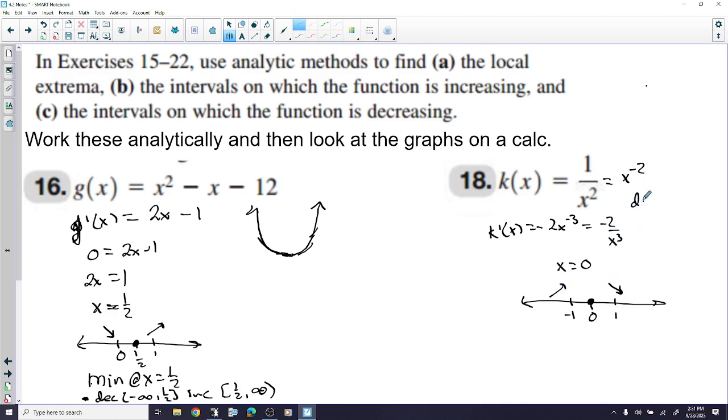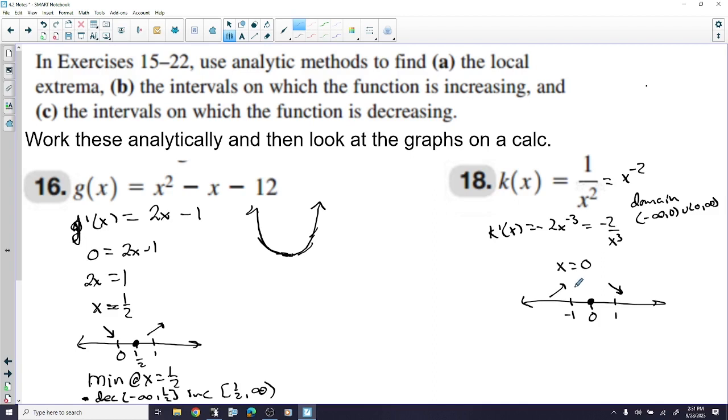But the domain of the original function is -infinity to 0, union with 0 to infinity. X can't be 0. There's actually a vertical asymptote at 0. So you can't have a local maximum or a minimum where you have a discontinuity. So even though it looks like there is a local maximum here, there isn't.